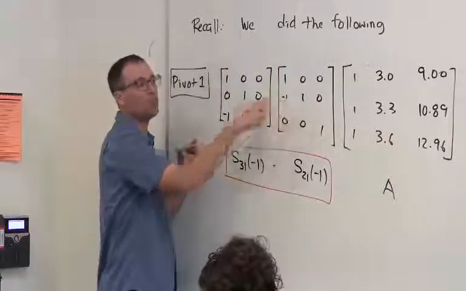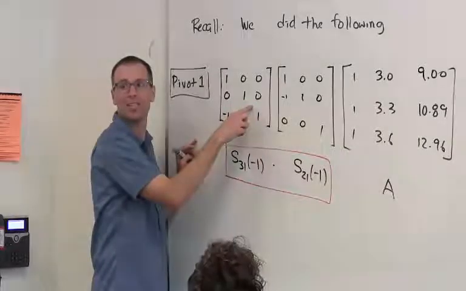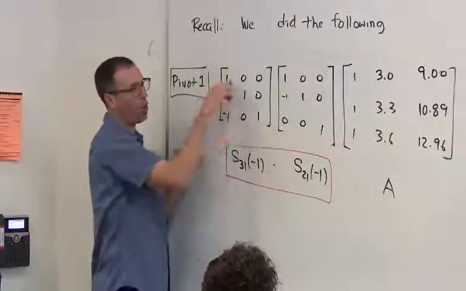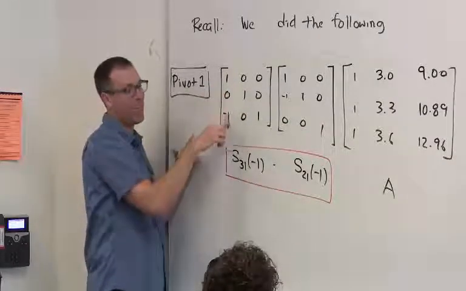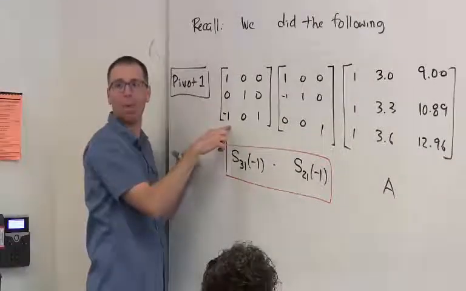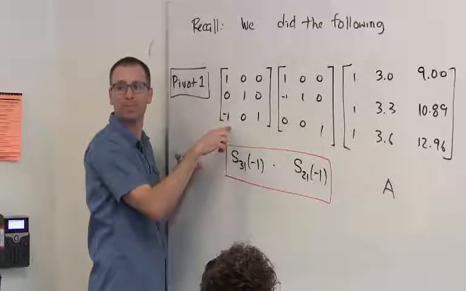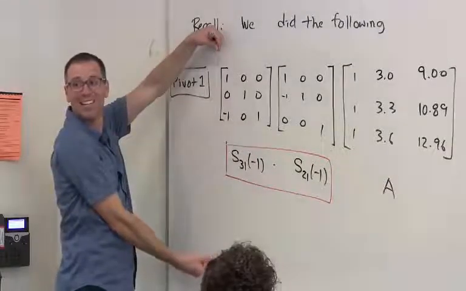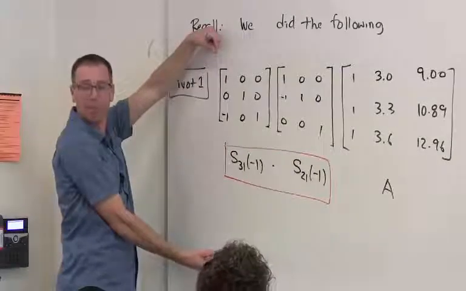Instead of having to do each matrix individually, what can I do instead? Pick off all of the elements in that particular column and put them all in the same column.